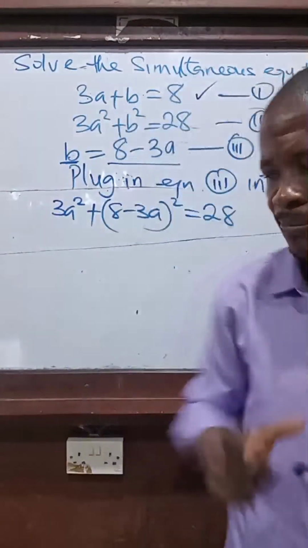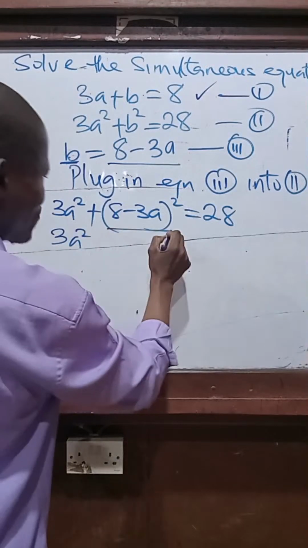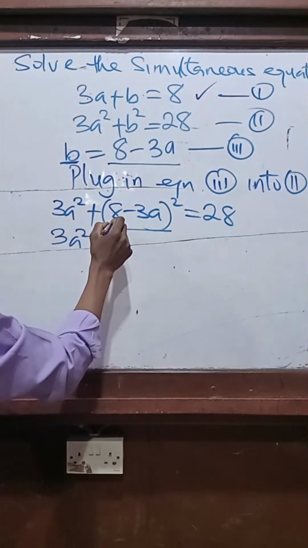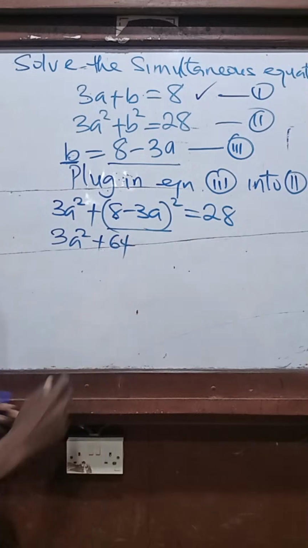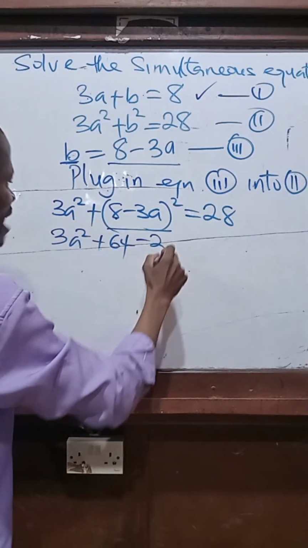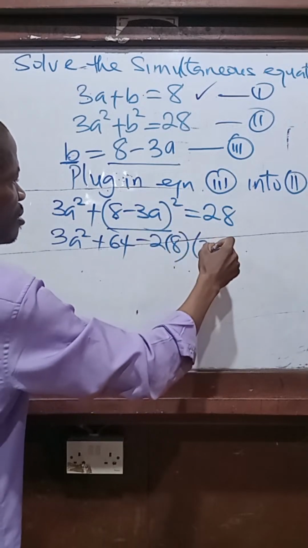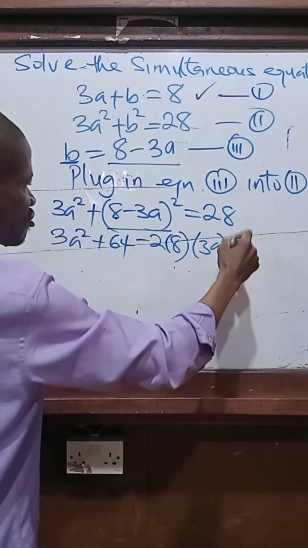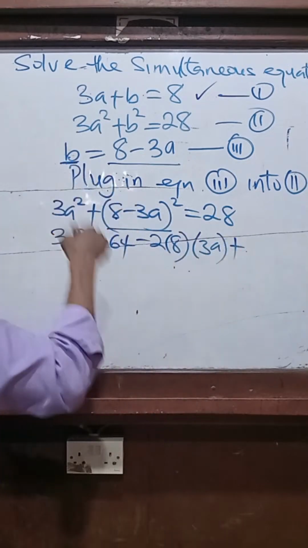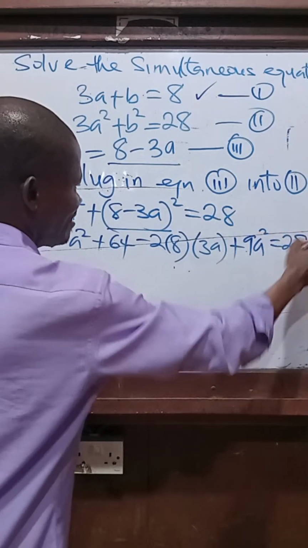Then the next thing to do is the algebra. That will be 3a squared, and do the expansion of this one. That will be a squared, that's 64, minus 2 times a times b, and then plus b squared, that's 9a squared, equal to 28.